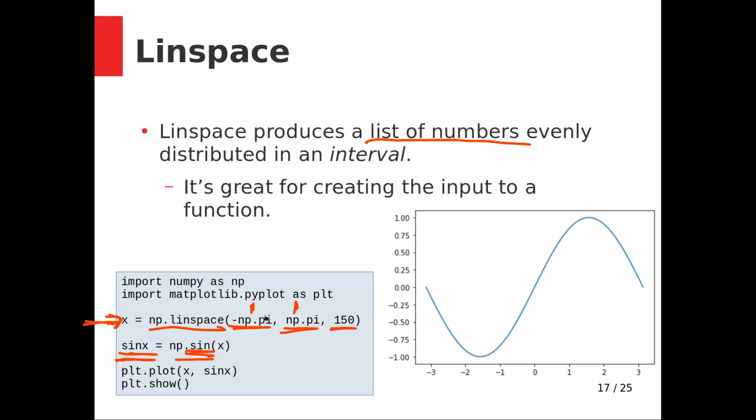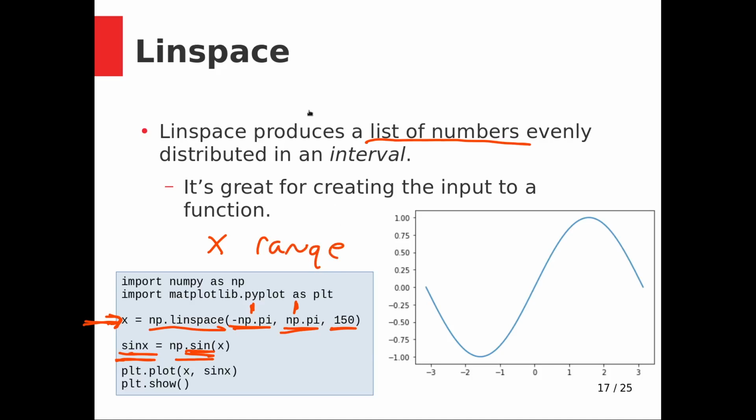So linspace spits out a bunch of numbers evenly spaced in order between negative pi and pi, right? It spits out 150 numbers evenly broken regularly between negative pi and pi, right? Those are all of the x values in that range, right?